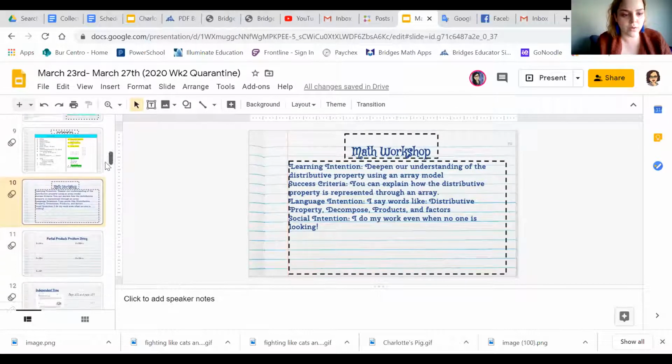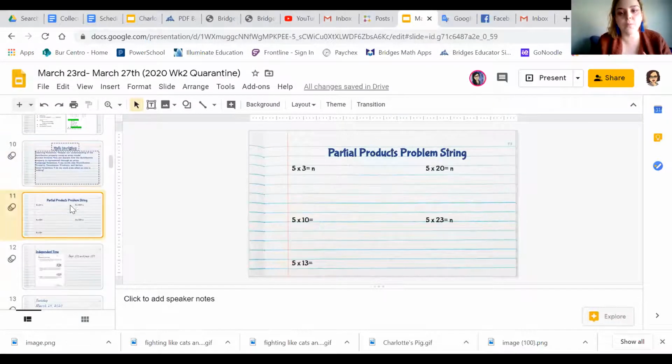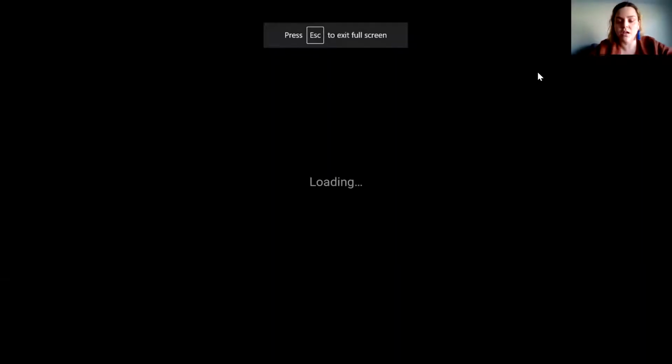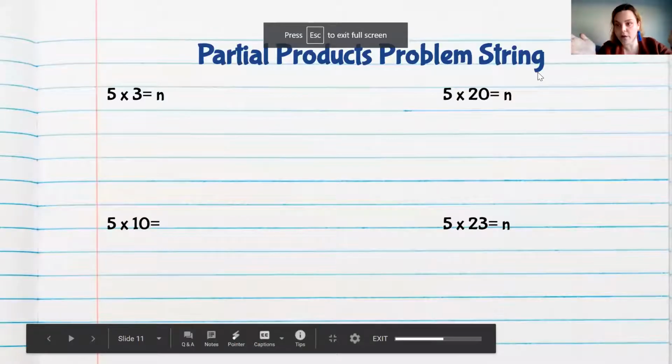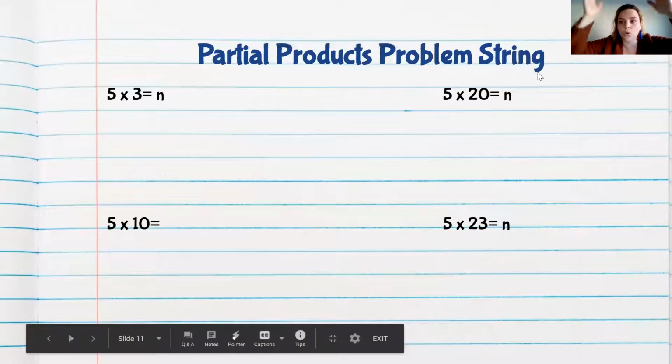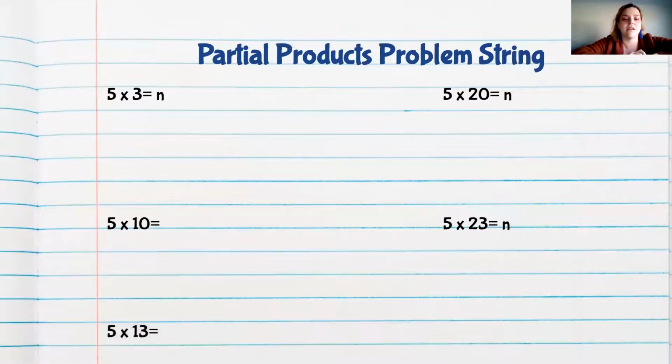Okay, so we're going to continue with a partial products problem string. Again, you need your math notebook, and I want a whole page for this. I did not have a lot of space on here to do it in one vertical column. I would like you to write up at the top, partial products problem string. You're going to start with 5 times 3 equals n. I know you're probably like, Ms. Maldonado, I know what 5 times 3 is.